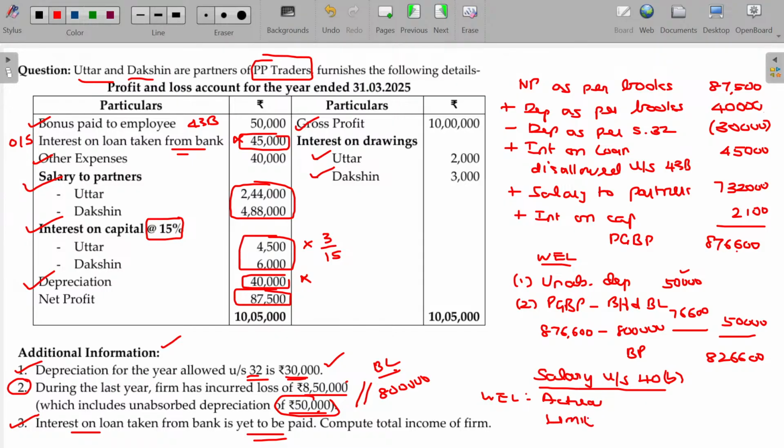Actual being 7,32,000 rupees. Limit: 8,26,600, up to 6 lakhs, 90% will be taken. Beyond that, 2 lakhs 26,600, on that 60% will be taken.